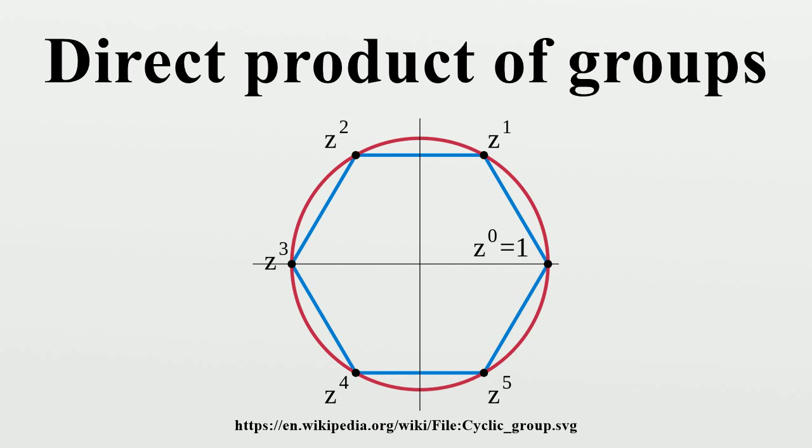Presentations. The algebraic structure of G × H can be used to give a presentation for the direct product in terms of the presentations of G and H. Specifically, suppose that G equals ⟨S_G | R_G⟩ and H equals ⟨S_H | R_H⟩, where S_G and S_H are generating sets and R_G and R_H are defining relations.